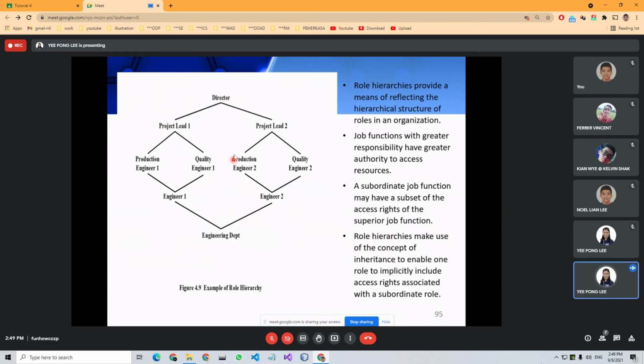The more roles you play, the greater responsibility you have, the greater authority you have. The subordinate job function, the one below, may have a subset of the access rights of the job functions above. So this role hierarchy might make use of the concept of inheritance to enable one role to implicitly include the access rights associated with the subordinate roles. Clear, right?